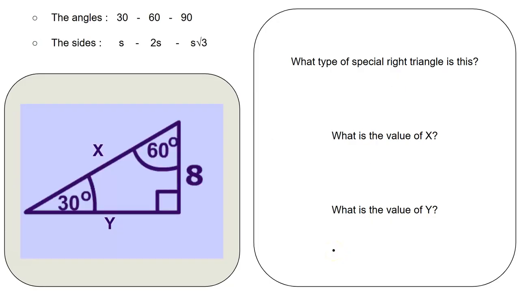This is another special right triangle called a 30-60-90 triangle. 30-60-90 triangles are taken from a triangle called an equilateral triangle where all of the sides are equal to each other.